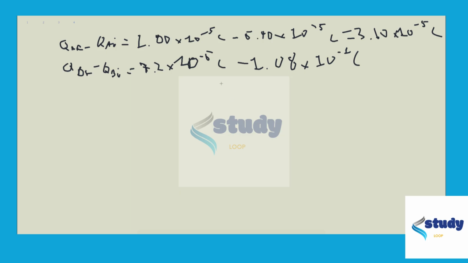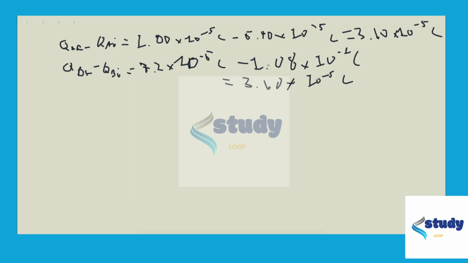So that is also equal to 3.60 times 10 to the minus 5 coulombs. So the charge drop when the circuit is closed is the same for both capacitors.